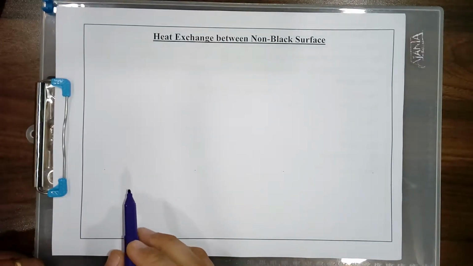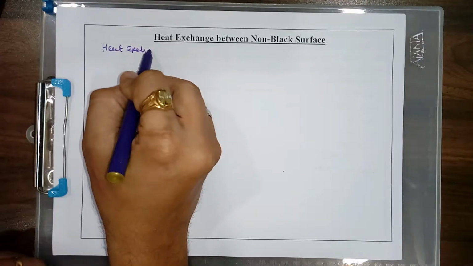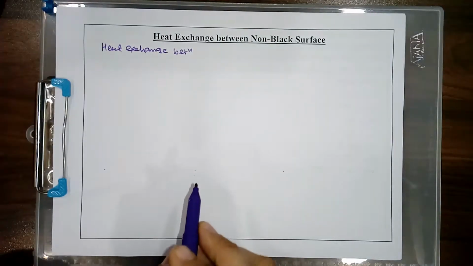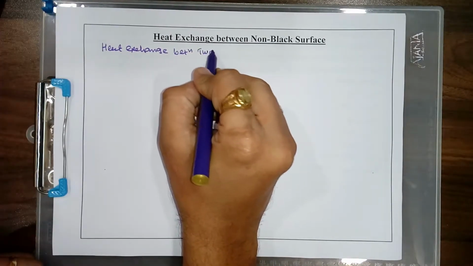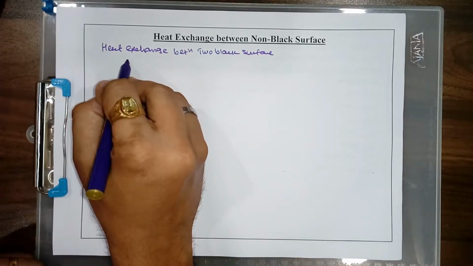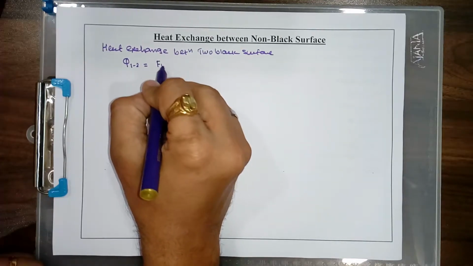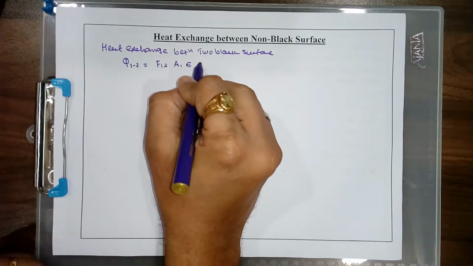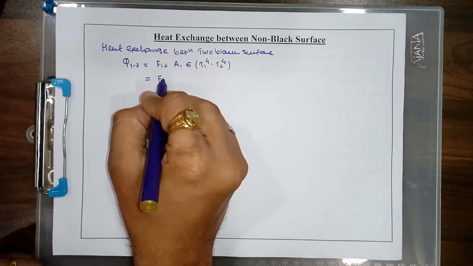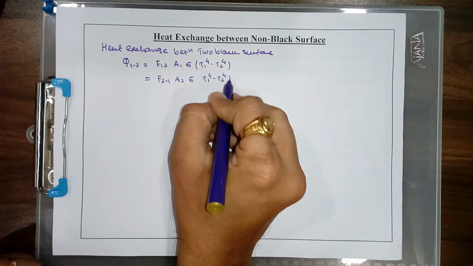In the previous lecture we discussed the heat exchange between two black surfaces, and we can calculate the rate of heat transfer using the formula F12 A1 sigma (T1 to the power 4 minus T2 to the power 4), or the other formula F21 A2 sigma (T1 to the power 4 minus T2 to the power 4).